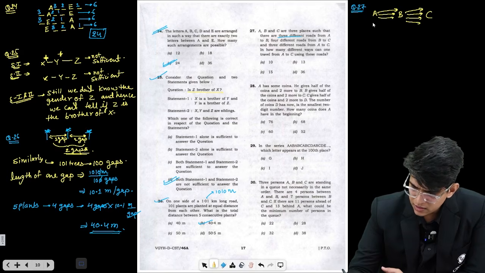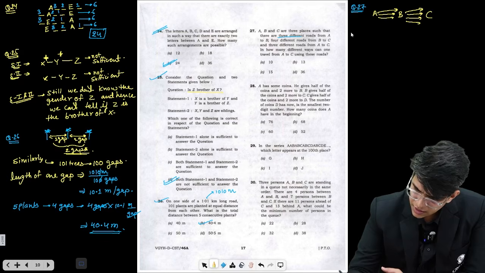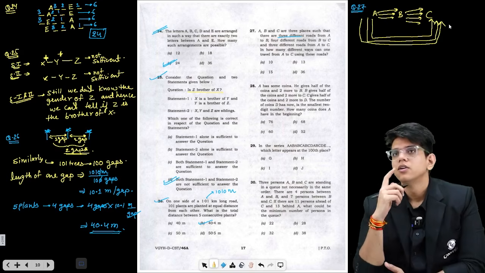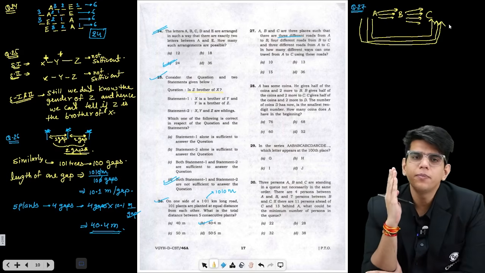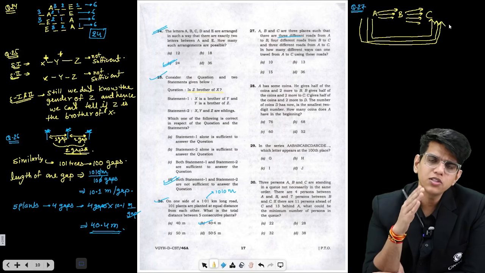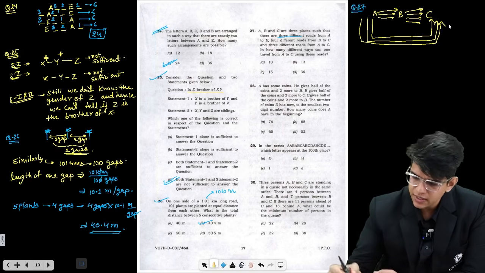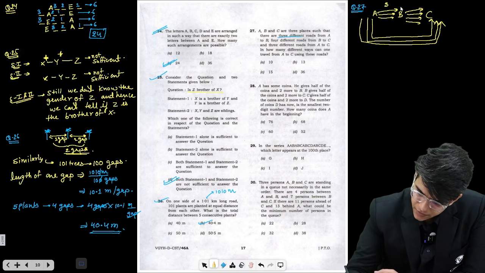Apart from this, there are 3 different roads from A to C directly. 1, 2, 3. Suppose from place 1 to 2 you have 3 roads, and from place 2 to 3 there are 4 roads. So in total the number of ways you can go from A to C, this is 3, this is 4. Total number of routes from A to C here are 12, and here we have 3.